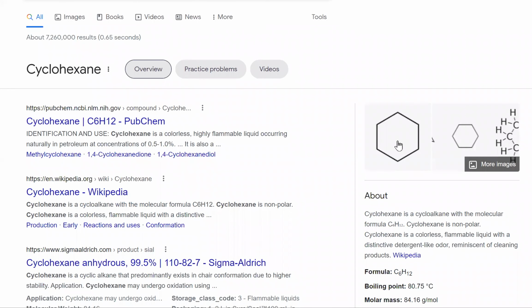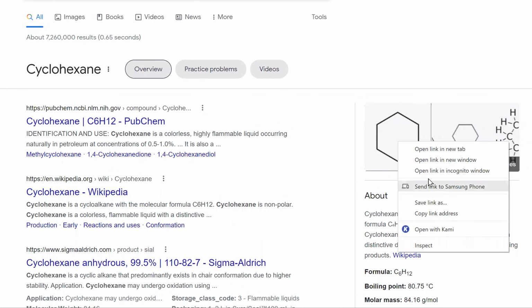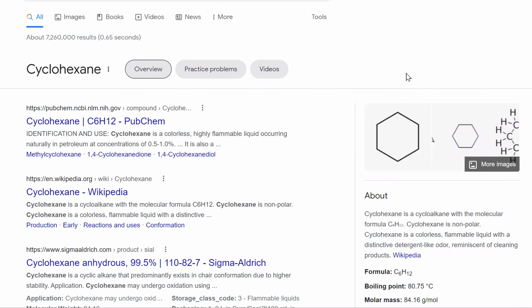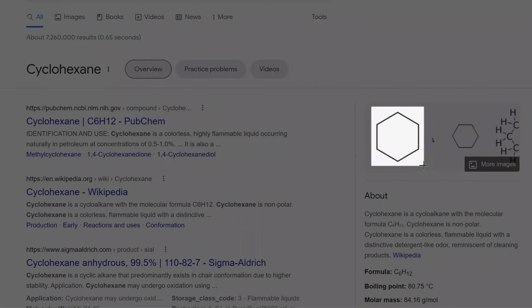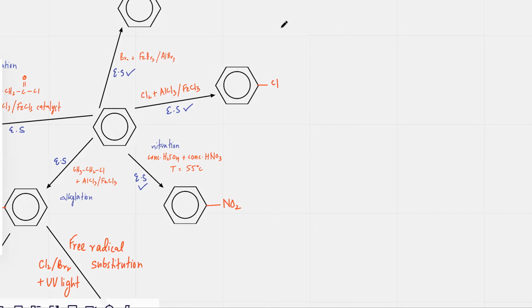So this is cyclohexane. So you can convert this into a cyclohexane. Cyclohexane means it's a saturated molecule now.